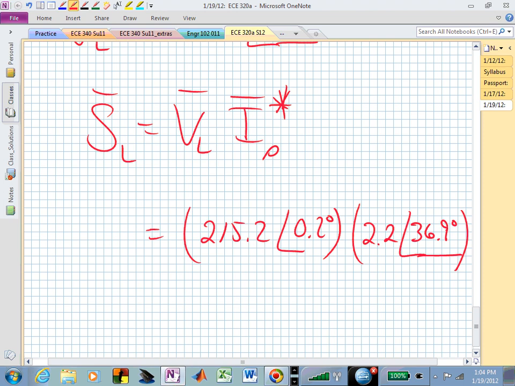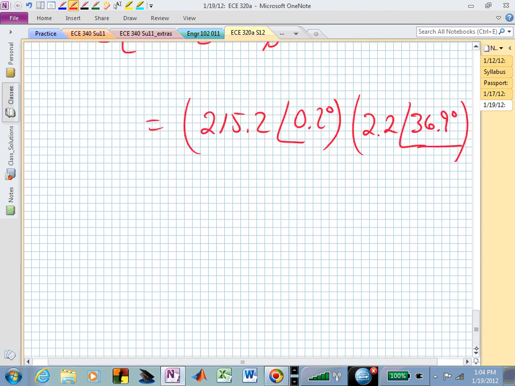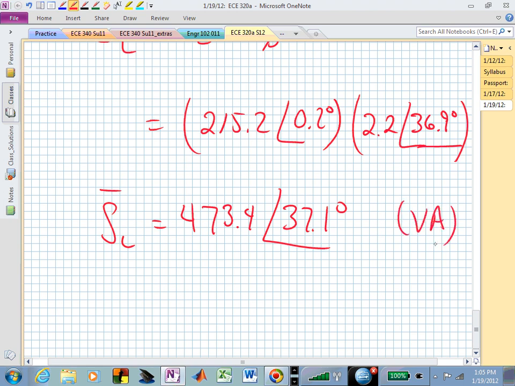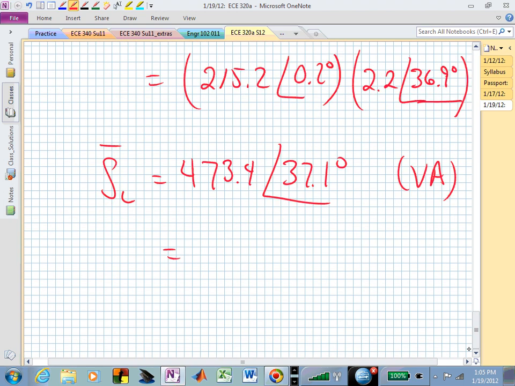Is that okay? And this becomes then 473.4 at an angle of 37.1 degrees. What are the units on that? That's volt amperes. And I might want that to be written in rectangular form to identify the real power and the reactive power.